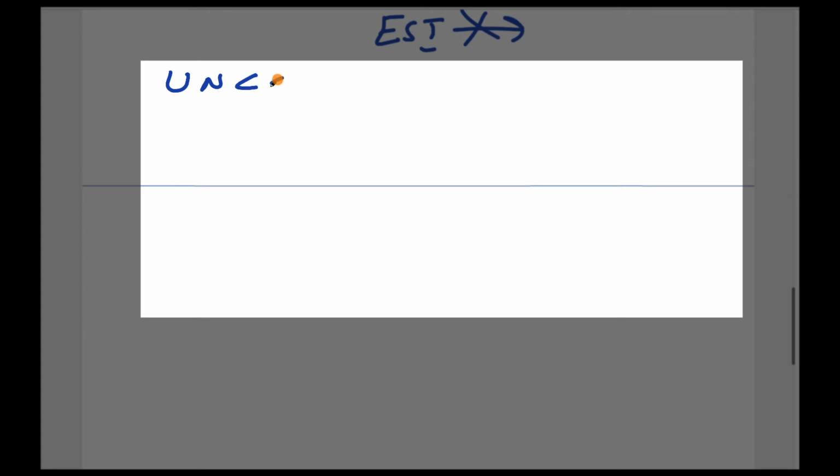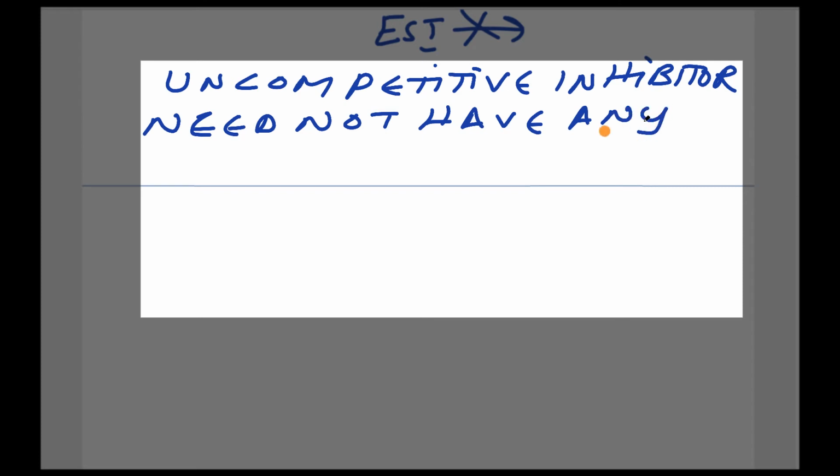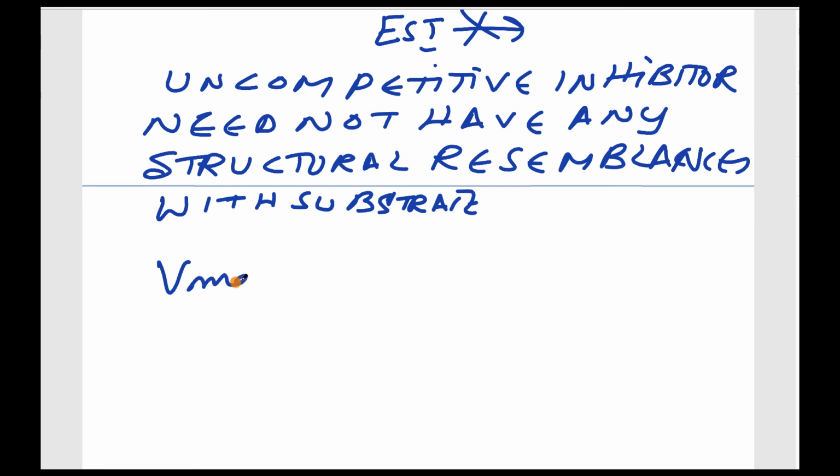Some other points about the uncompetitive inhibitor: it need not have any structural resemblance with the substrate. That is the one point we have to take note of. Can V maximum be attained?